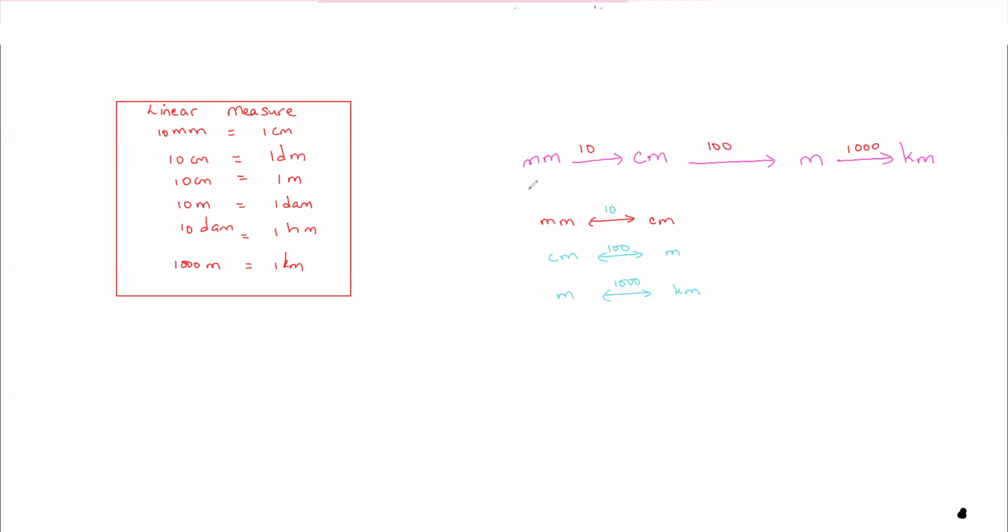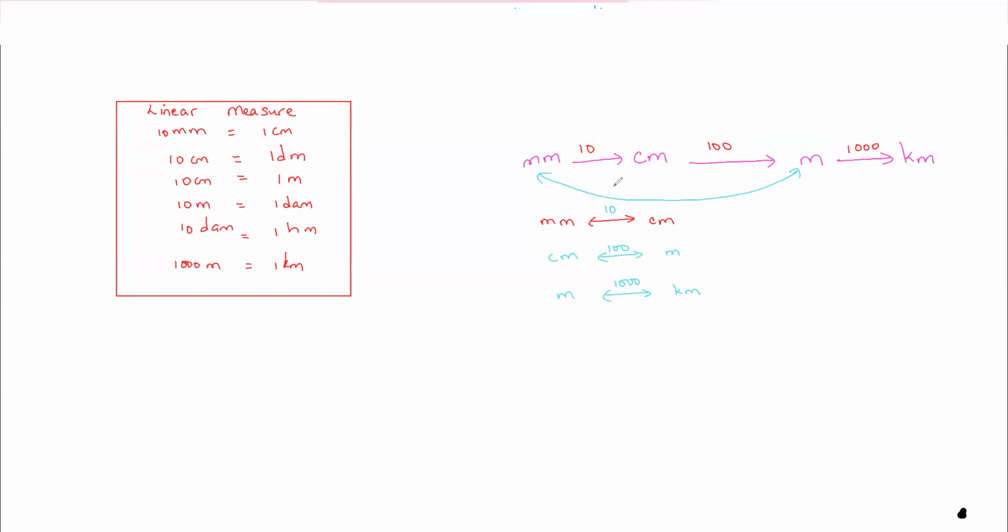But what if we want to know how much is in between millimeters and meters? So we jump in a few. We're going from millimeters to meters. I'm seeing above 10 and 100. Anytime you're skipping units, you have to multiply what is above them.